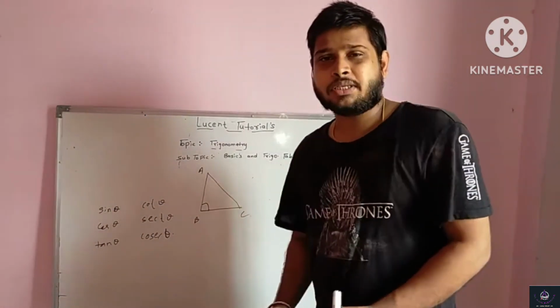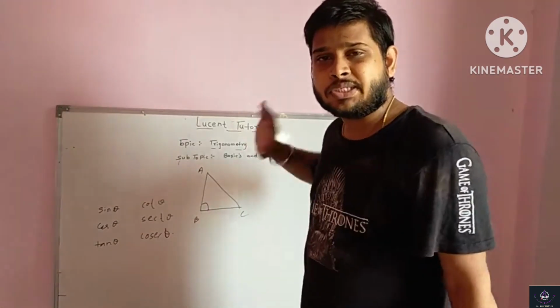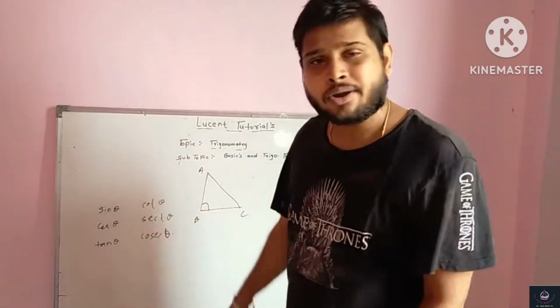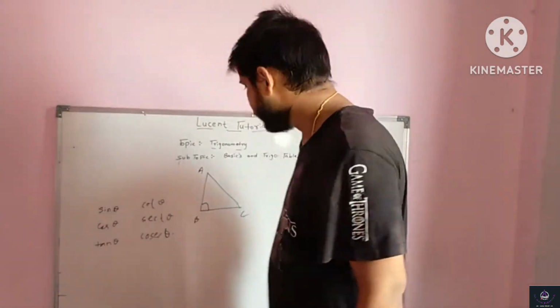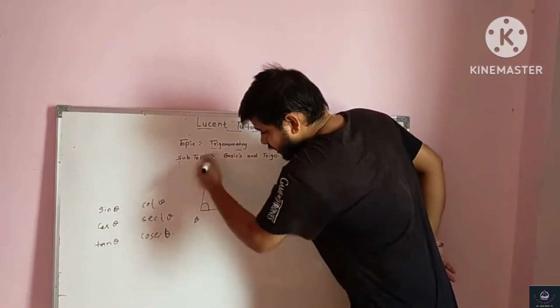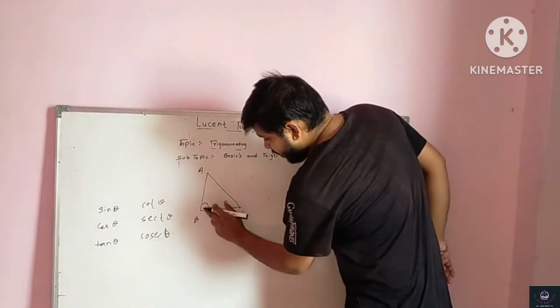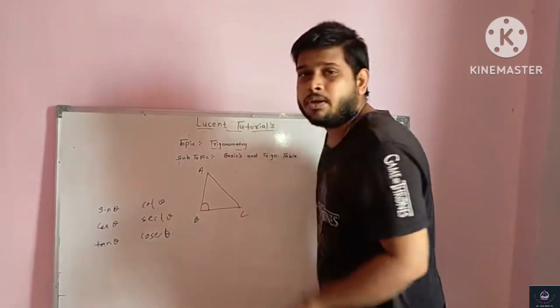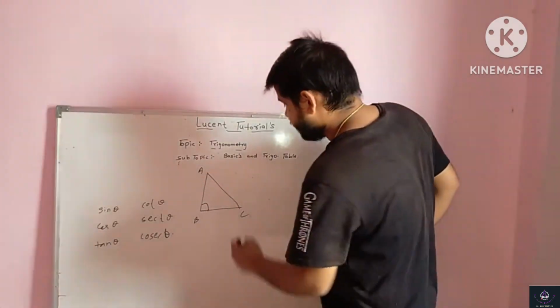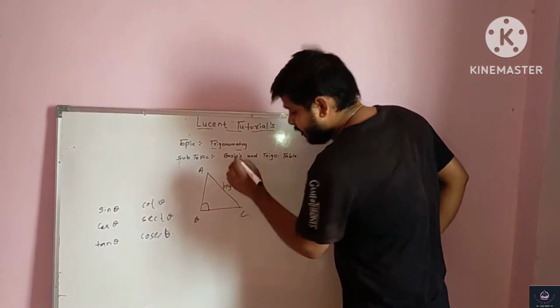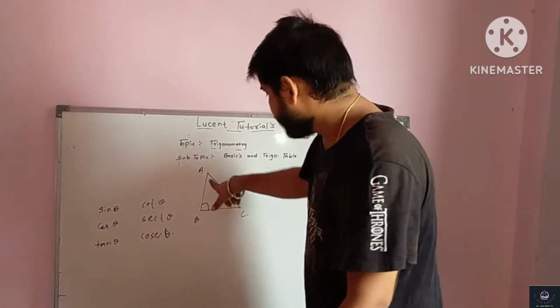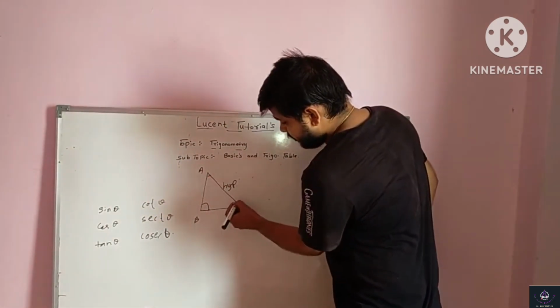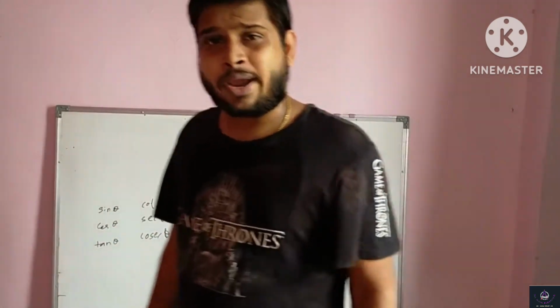So our basic point is we are going to perform trigonometry only in a right angle triangle. Correct? Now in this right angle triangle, whatever the opposite side of the 90 degree angle is, we will call it the hypotenuse. And these are two acute angles. Why acute?